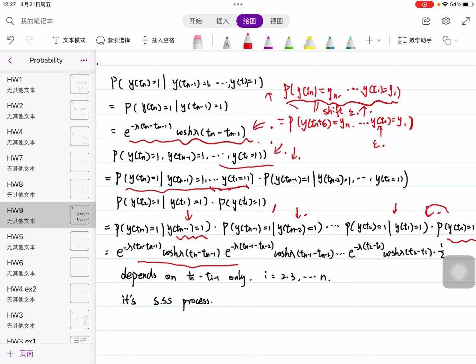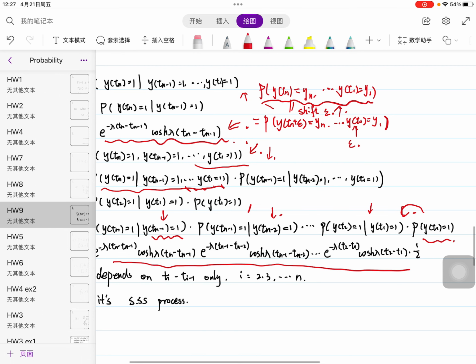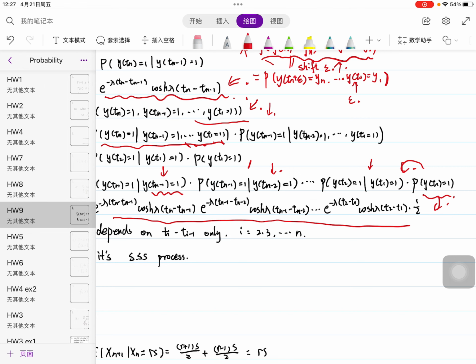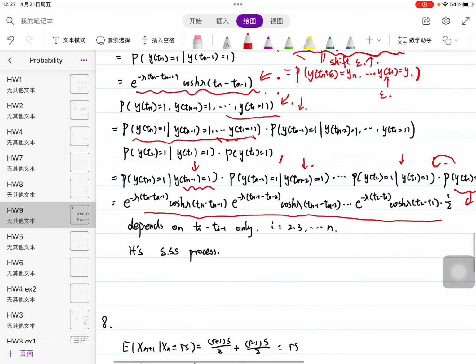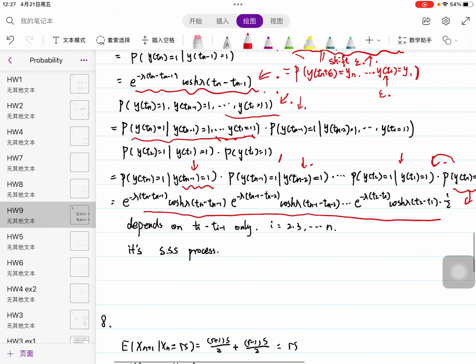So you could see that the final result is like this, and the last term's probability equals 1 over 2. And it all depends on t(i) minus t(i minus 1), right? You could say t(n) minus t(n minus 1), and here, yeah, they are the same.